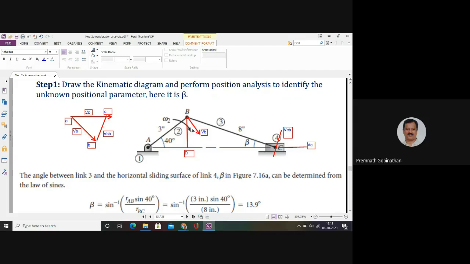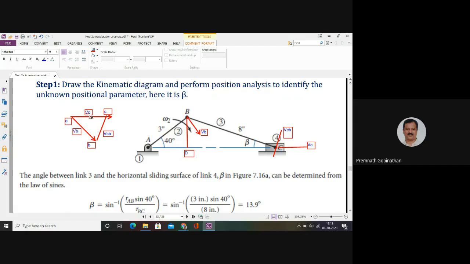That means if AB is inclined at an angle theta with the horizontal, then the perpendicular to AB will be inclined at the same angle with respect to the vertical. So that's what you have to understand. So this is how you identify the corner angles.